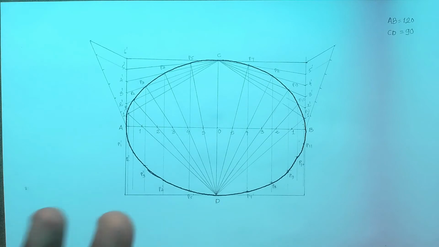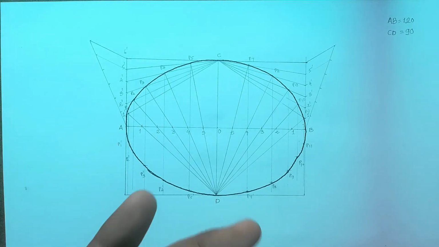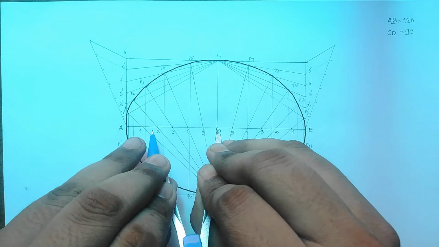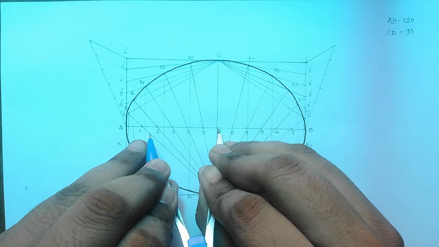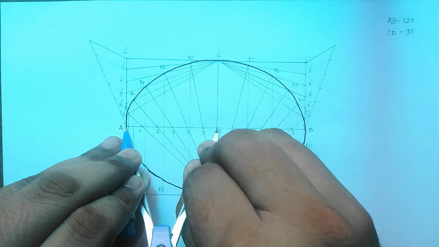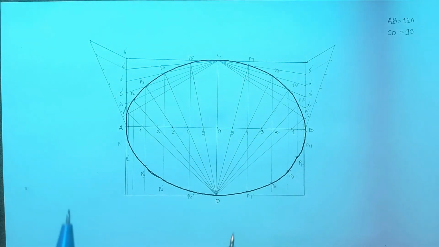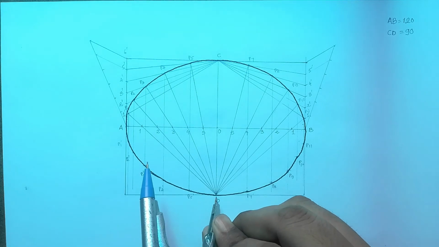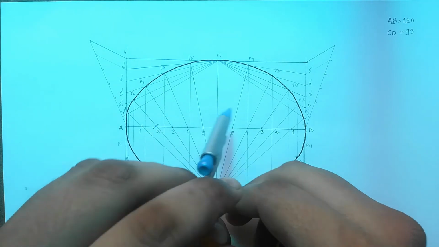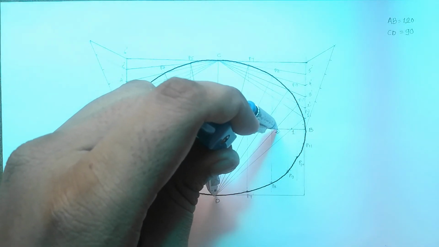So let us continue with drawing the tangent and normal, and for that, as we know, we need to find out the focuses first. So how to find the focus? We need to take the distance of half of the major axis, that is from the center point to any end of the major axis, and we will go to the minor axis end point and mark the intersection on the major axis.